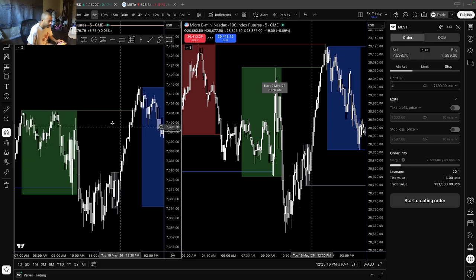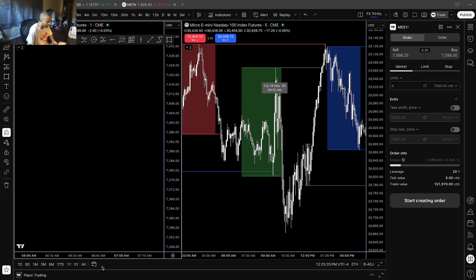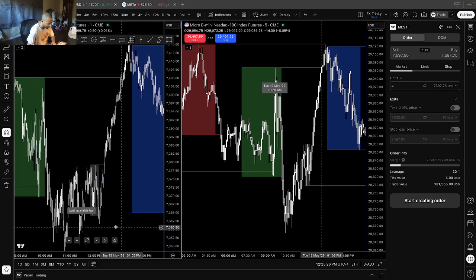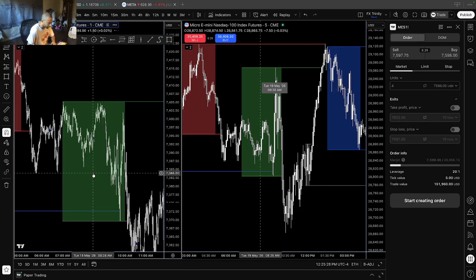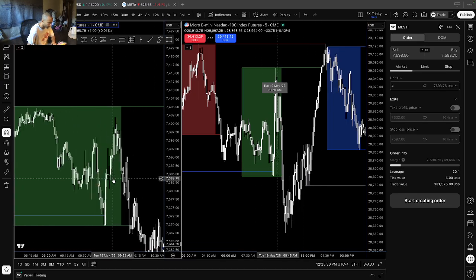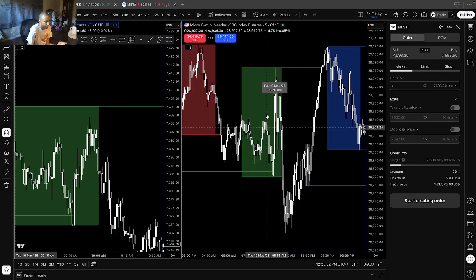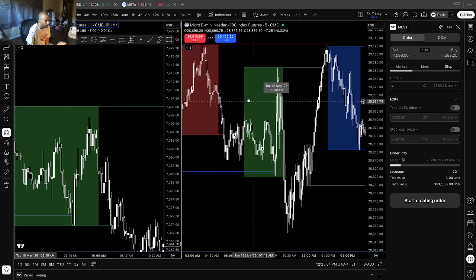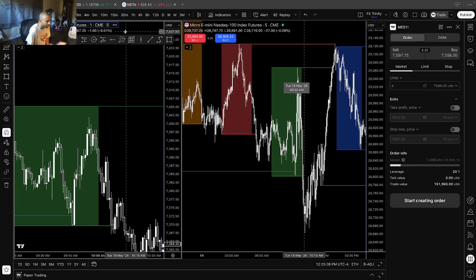Alright, so since the SMT was over here, we technically want to take the shorts over there. But so you see what I'm saying? You get this 5-minute breaker structure. You think you're going to take a long, but it lands in OTE of this range.